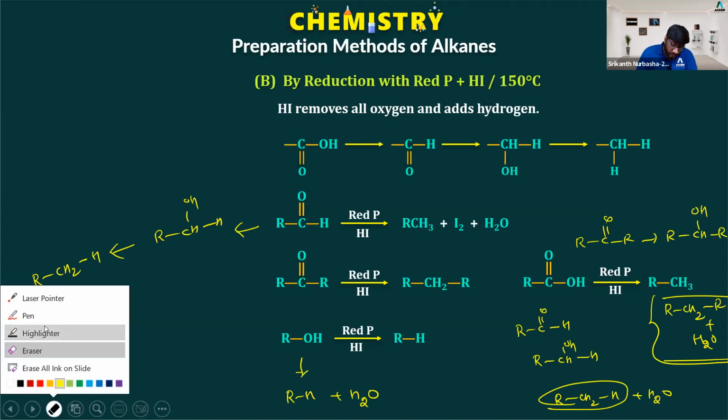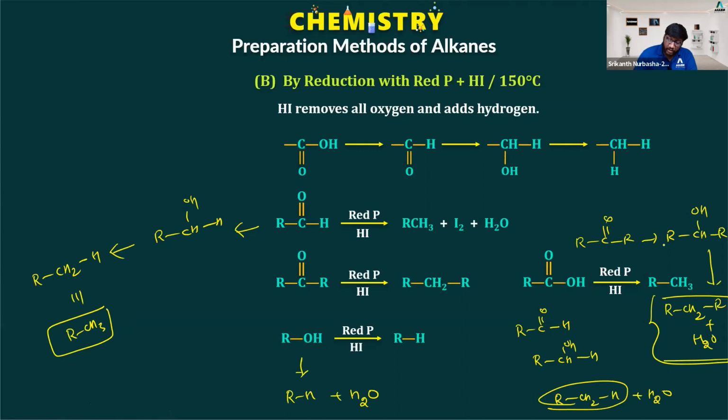If you take the respective carboxylic acids and add HI in the presence of red phosphorus, you get the respective carbonyl, carbonyl to alcohol, alcohol to respective alkane. Everyone got this or not?